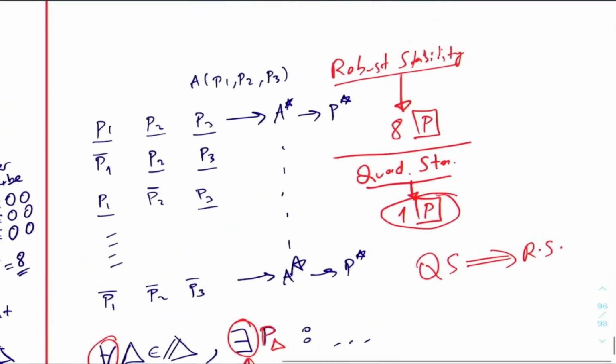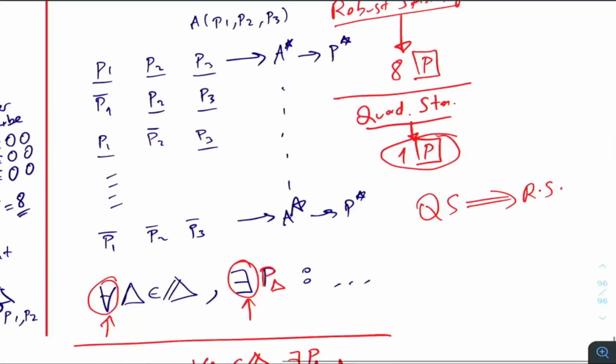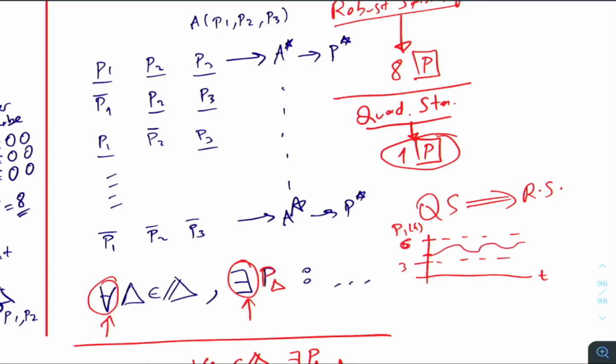Another thing. For example, here this is E1. It takes values between 3 and 5, maybe 6, and it is basically a time varying signal or time varying parameter, right?